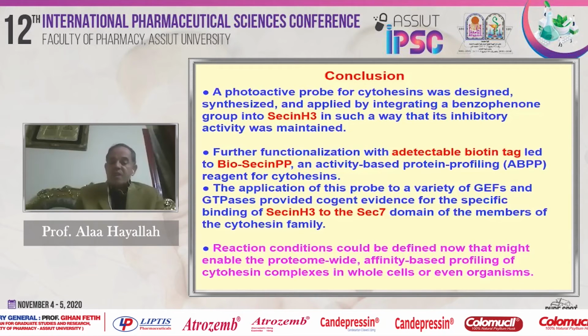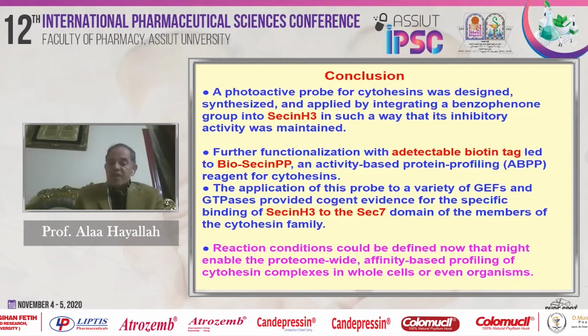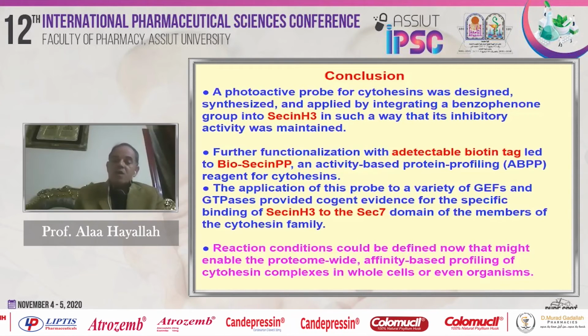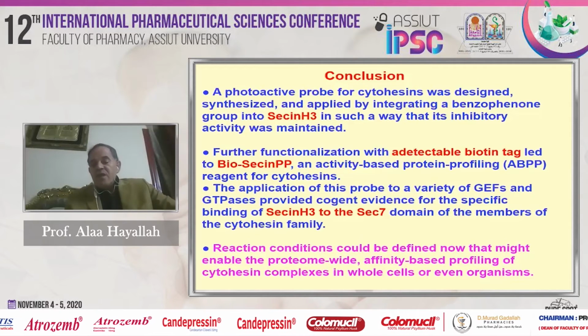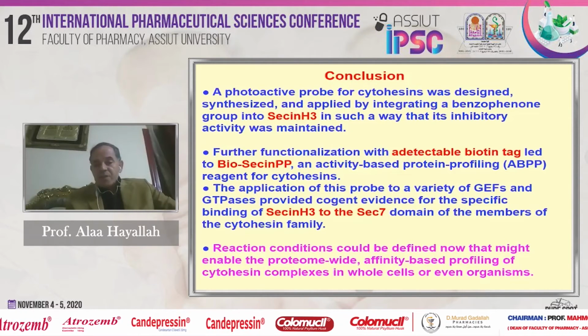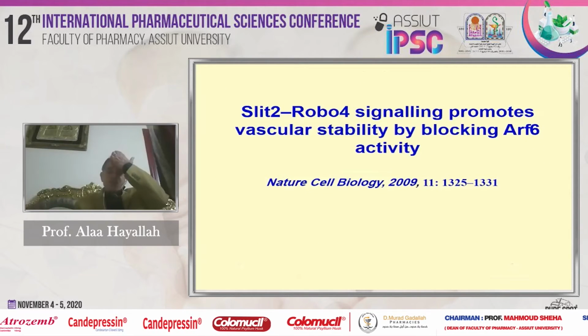Reaction conditions could be defined now that may enable the proteome-wide affinity-based profiling of cytohesin complexes in whole cells or even in organisms. And this above-mentioned work is published in Angewandte Chemie.